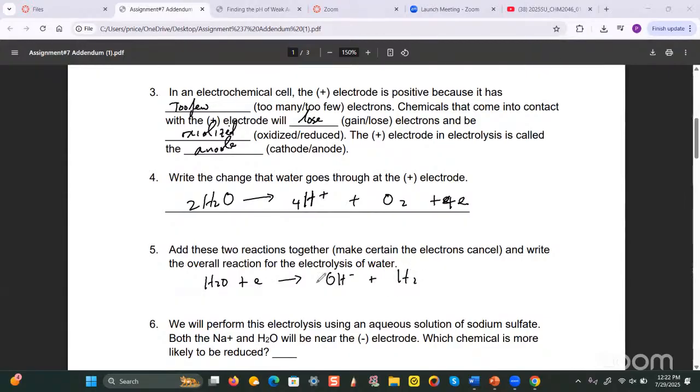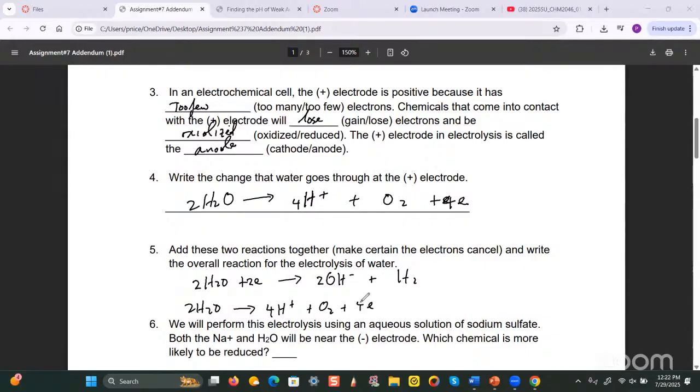To balance this again, we need 2 here, 2 here and 2 here. And for this one now, it's 2 H2O to form 4 H plus, O2 plus 4 electrons.